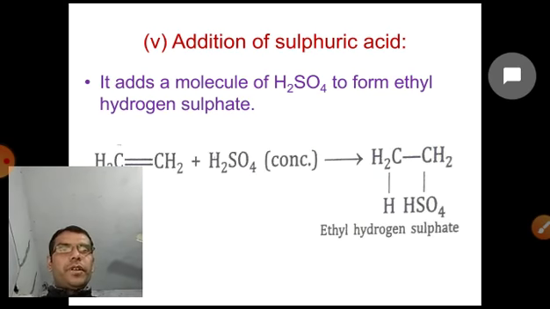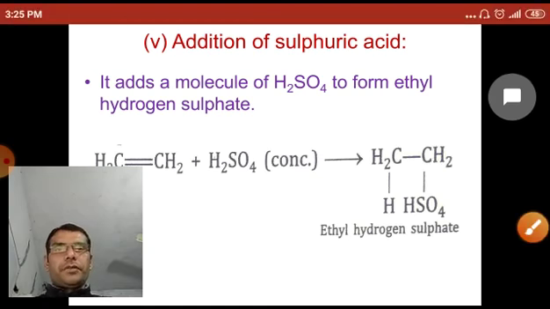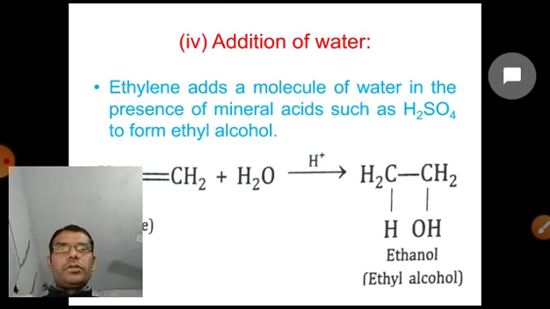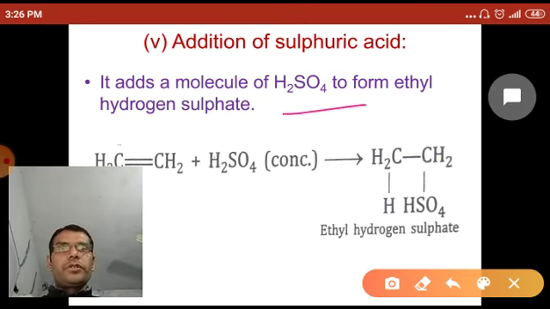Now the fifth addition reaction is addition of sulfuric acid. When adding H2SO4 to ethylene, it forms ethyl hydrogen sulfate. Let's see the reaction.